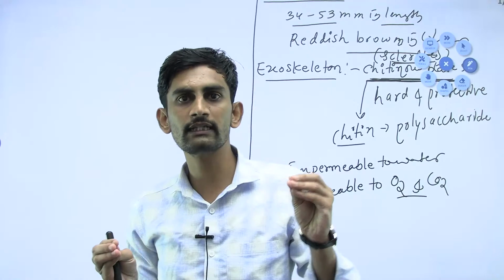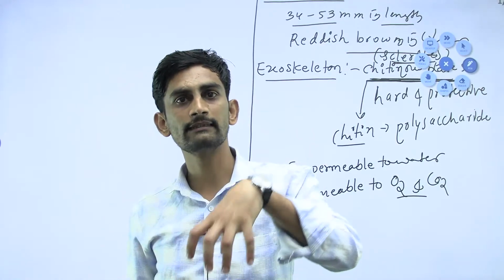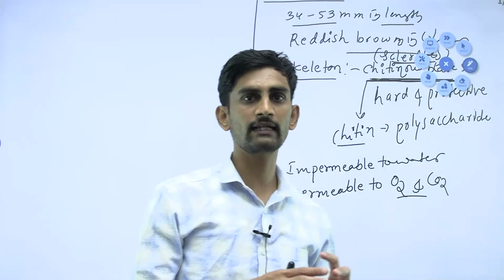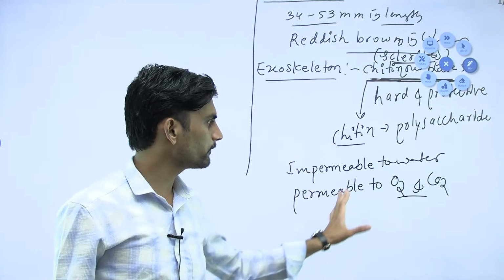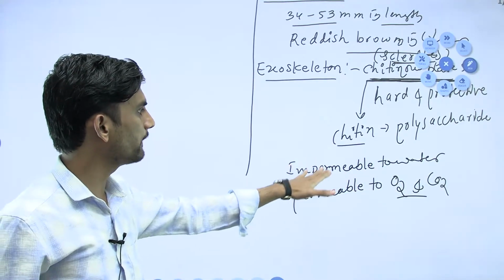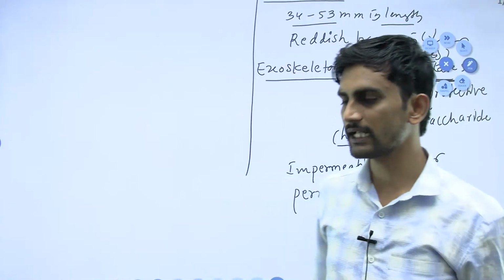Through spiracles only the atmospheric air will enter, and the foul air, which is nothing but carbon dioxide rich air, will exit out. So the chitinous plates are permeable only to the exchange of O2 and CO2, but completely impermeable to the water molecule. This is a very important point.